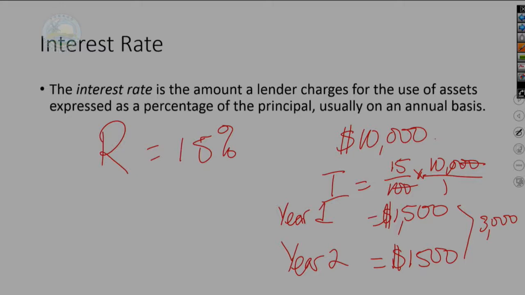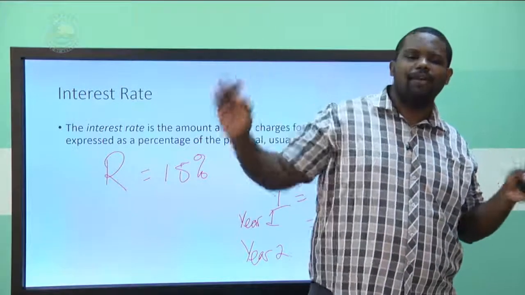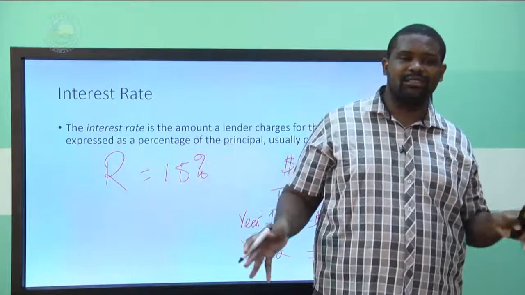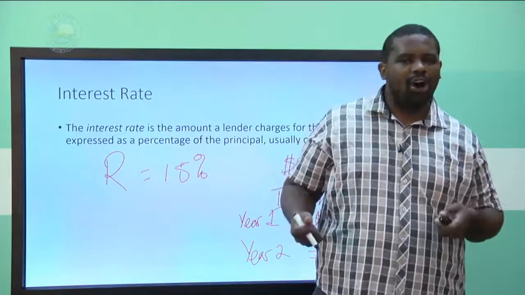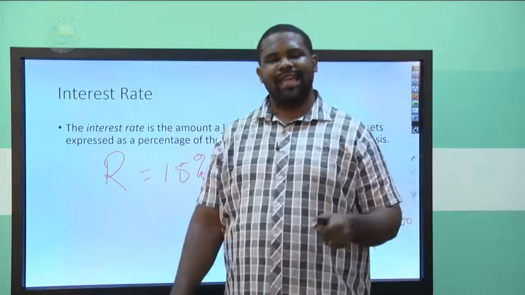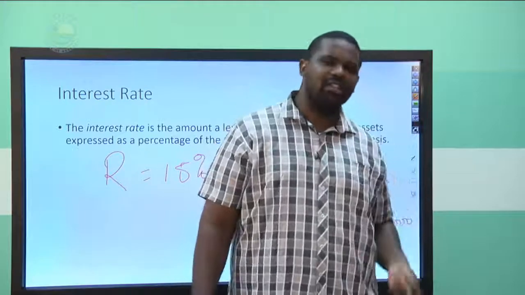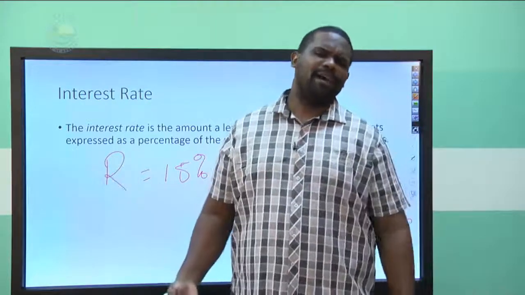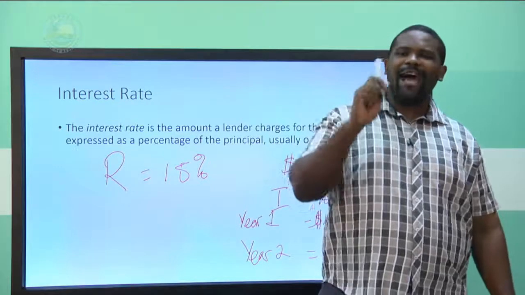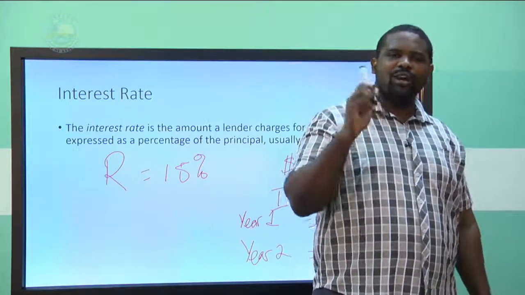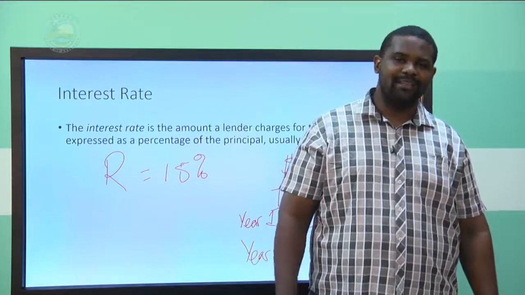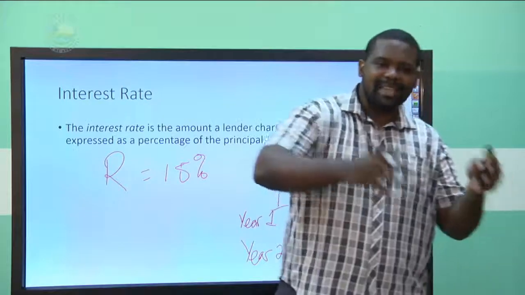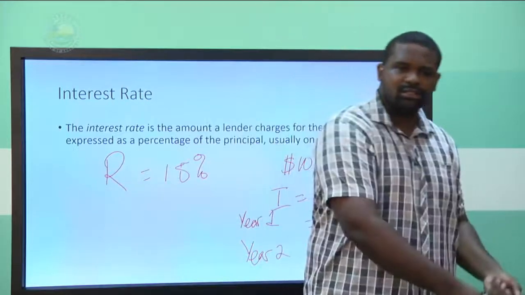Because if you're lending money, right, and you're telling people, I'm going to give you a good bit of time, I'm going to give you 5 years to pay me back my $500, then you would want to ensure that the amount of money you get after those 5 years is worth giving the person the $500 today. Now, what do I mean by that? Think about it. 5 years ago, what you could have purchased with $100, you can't purchase today. Why? Because of inflation. As time goes along, the cost of goods goes up.